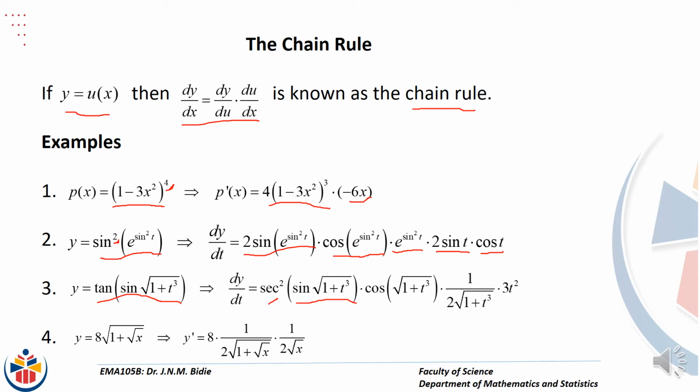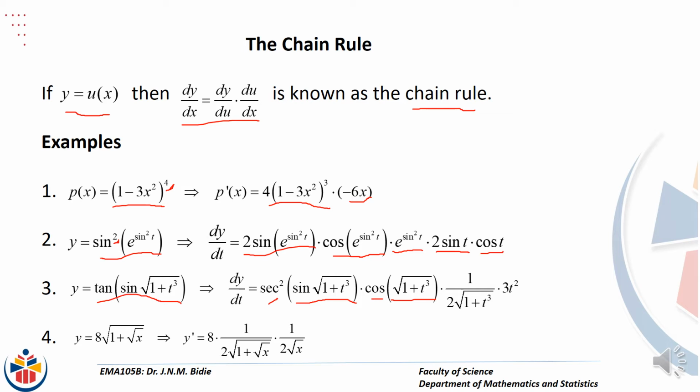So we start with the derivative of sine, which gives us cos, and the argument of that sine was the square root. And then we go to the derivative of the square root, which we know is 1 over 2 square root of 1 plus t cubed from the tables, multiplied by the derivative of the argument of the square root, which is 3t squared.